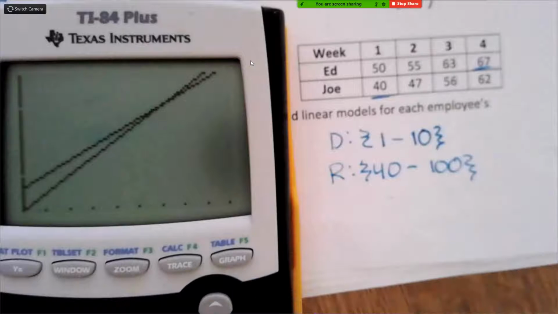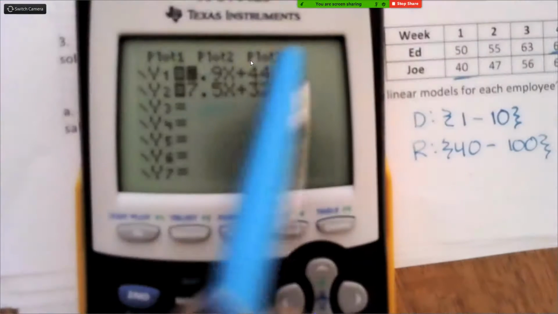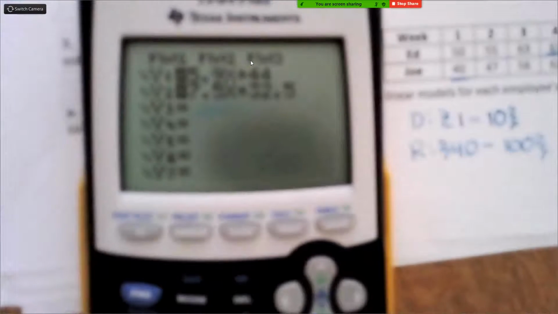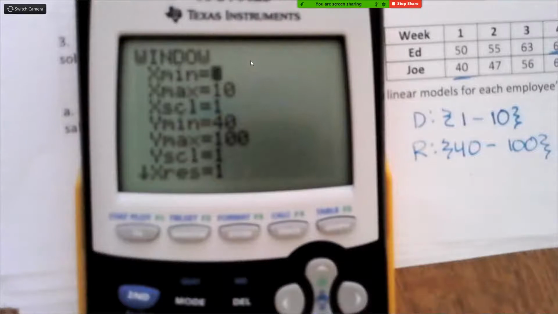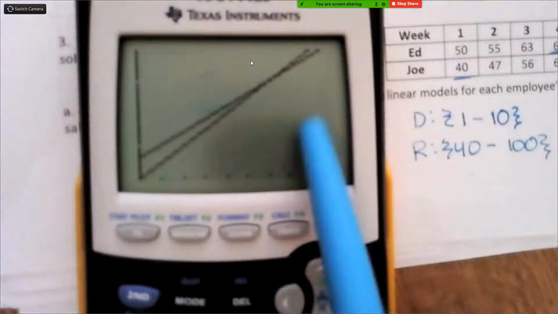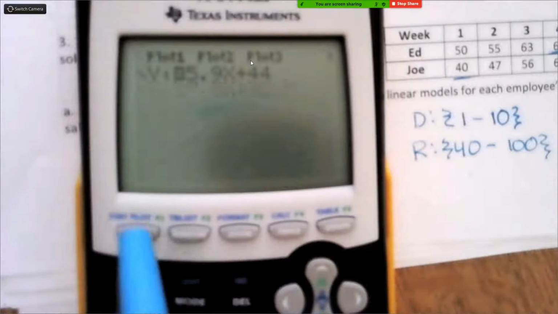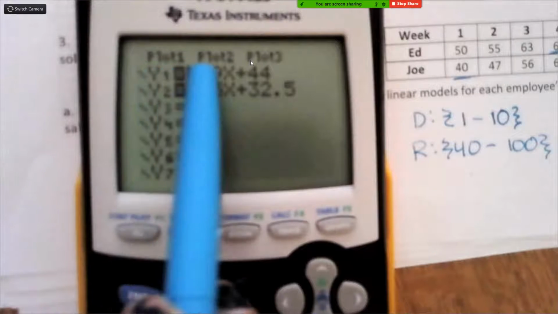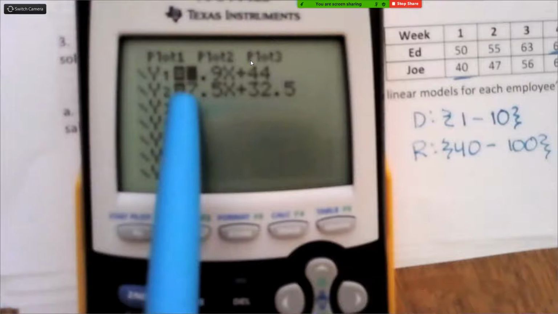I would hope so. Did you guys enter information in y equals? If you hit y equals, do you see those equations? Yes. Did you change the numbers in your window? Yeah. And then you hit the word graph, and you still don't see this? Okay, go to y equals, is plot highlighted? This should not be dark, and this should be dark.